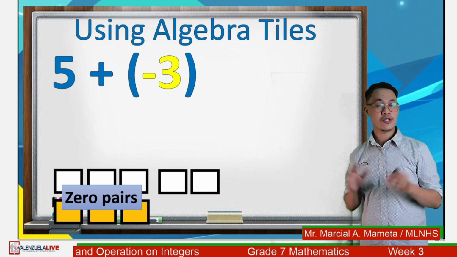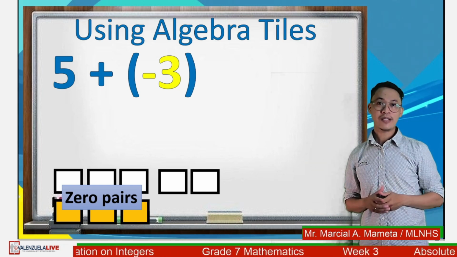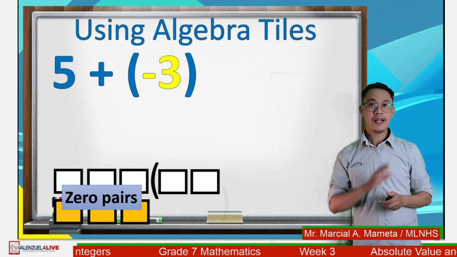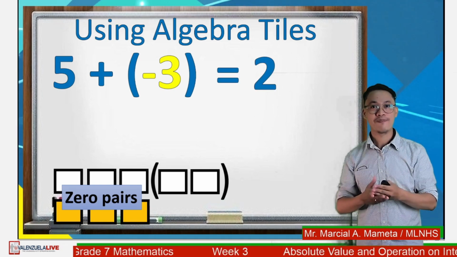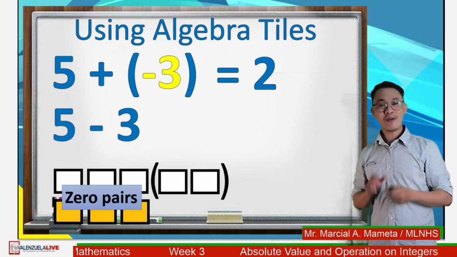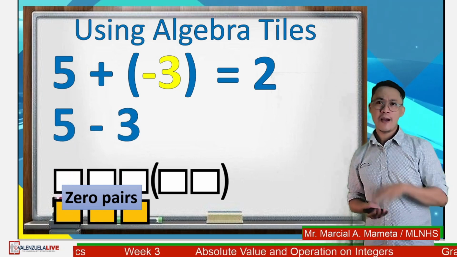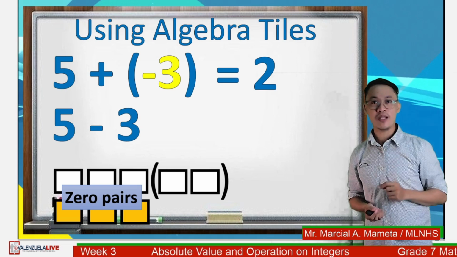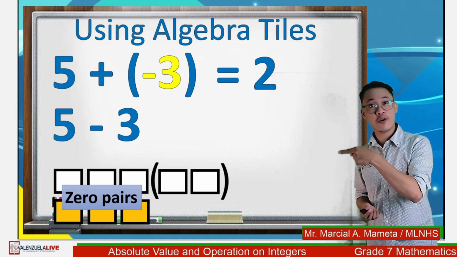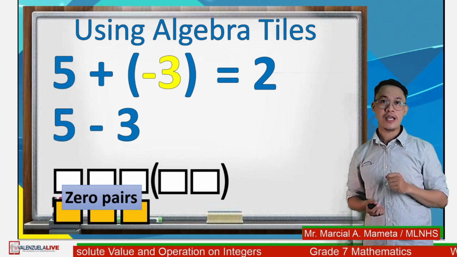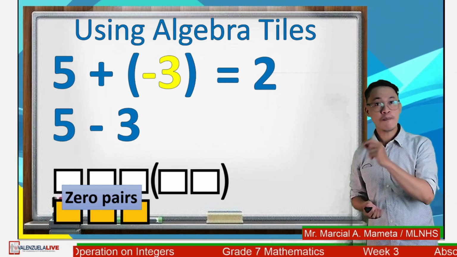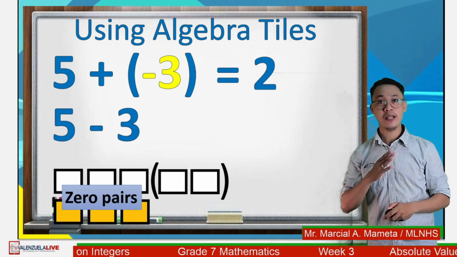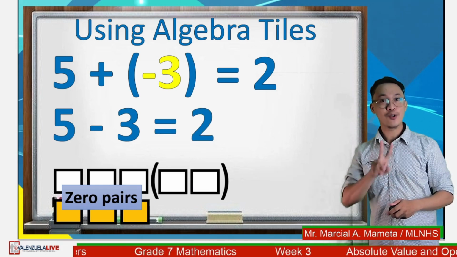So all we need to do is to omit that. How many remain? It is equal to 2. But before that, we notice that 5 plus negative 3 is also equal to 5 minus 3. And 5 minus 3 is also equal to 2.